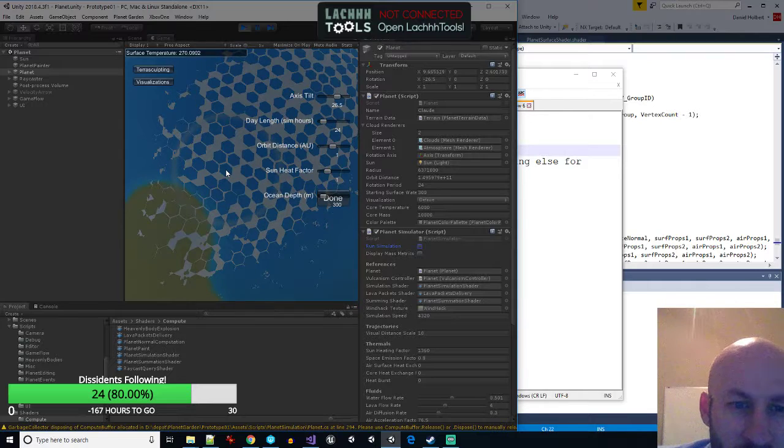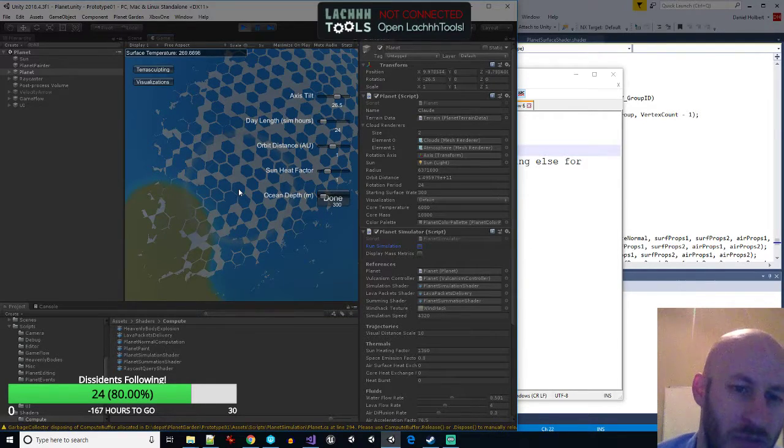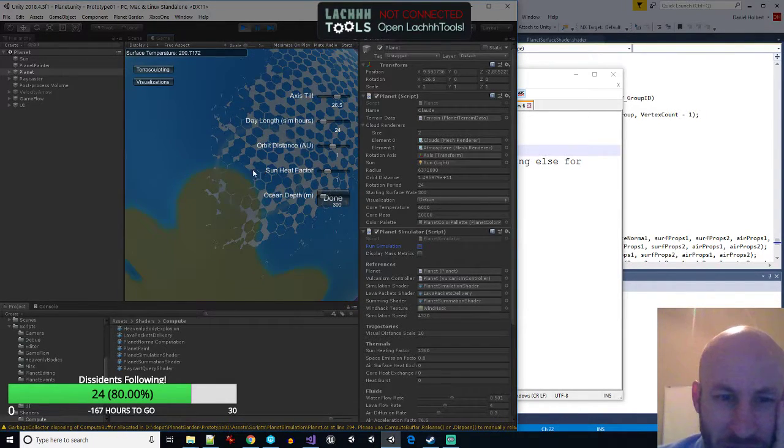And this area is definitely above 273, but it's telling me 269, 268. So something's up with my raycast to give me the wrong value. At some point I need to look into that, but it's good enough for now, in the rough vicinity.